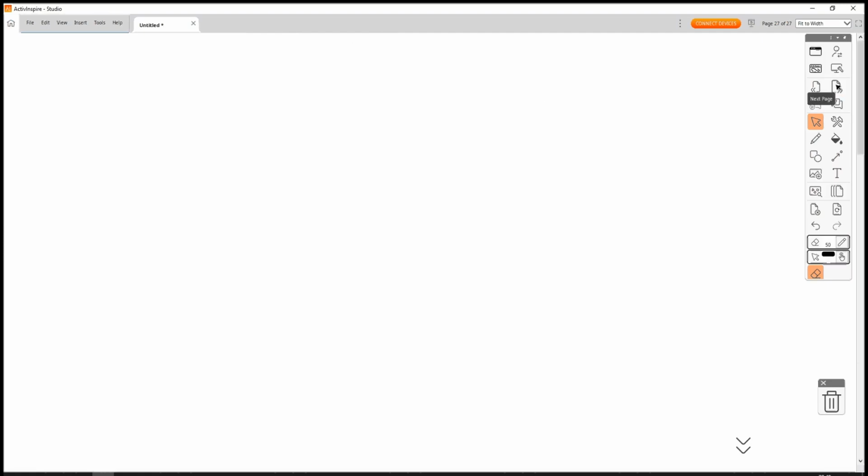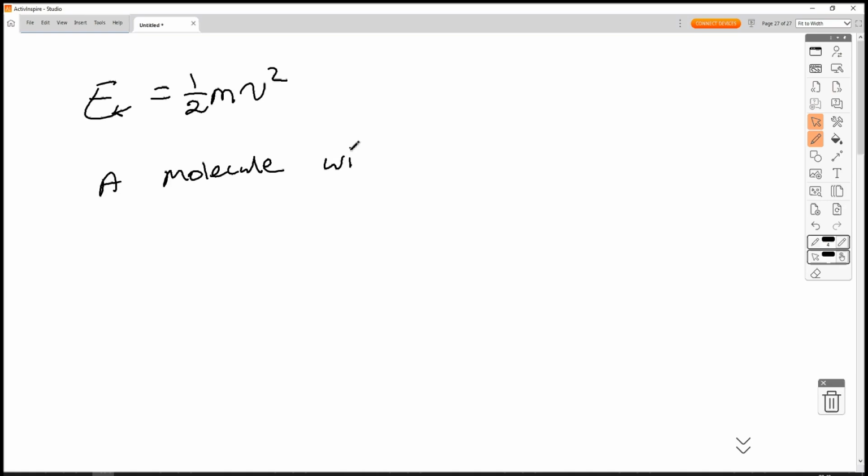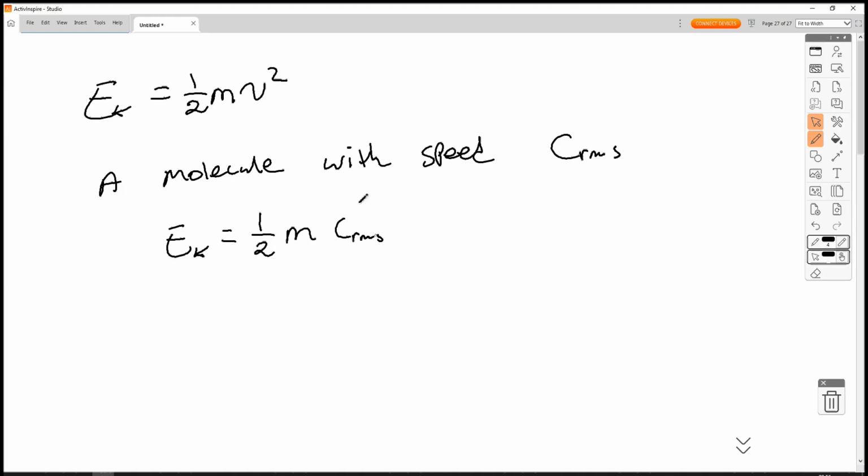Okay, starting a new page, we'll start wrapping up. So let's write down first the kinetic energy formula, Ek equals 1/2 mv squared. Now, for a molecule of c_rms speed, which is the root mean square speed, a molecule with speed c_rms, we can sub that into this equation to get Ek equals 1/2 m c_rms squared.